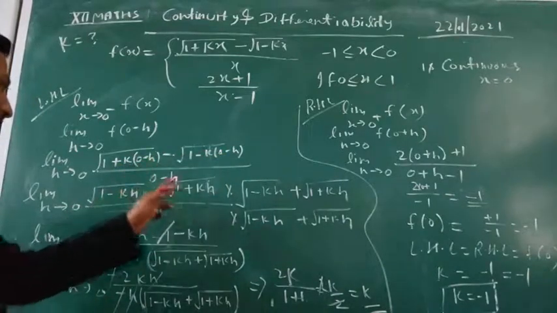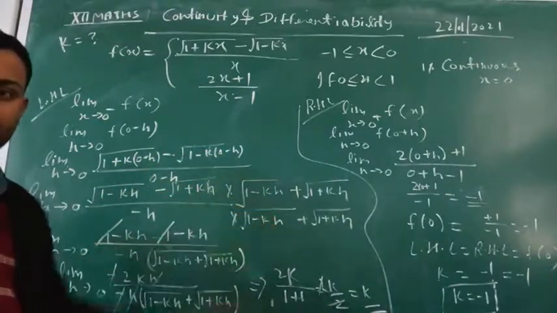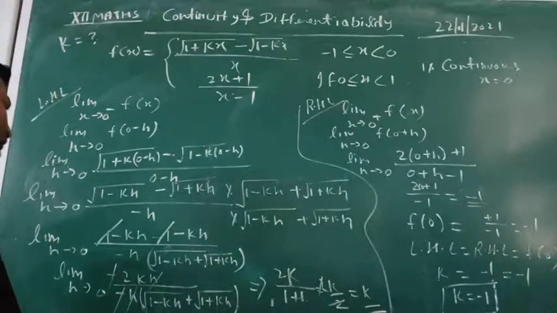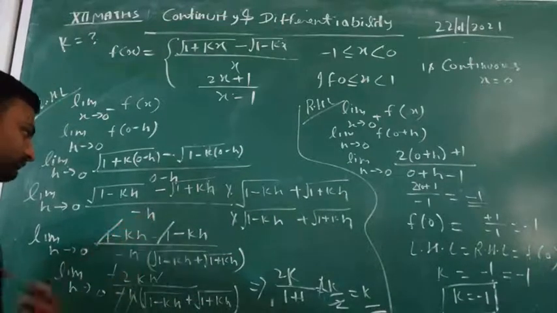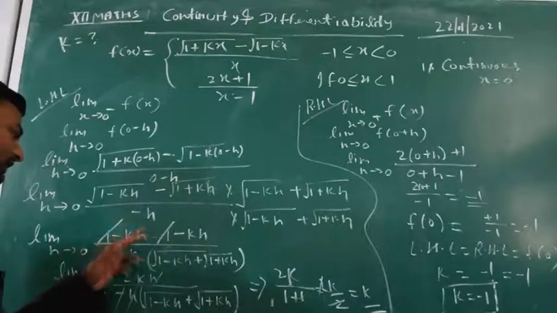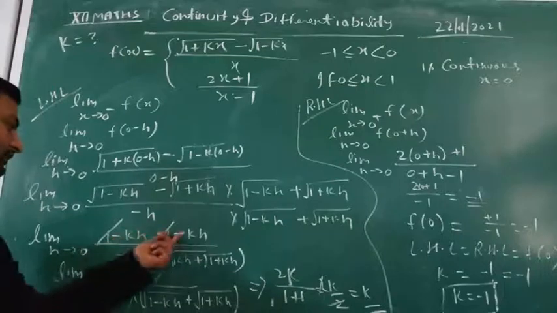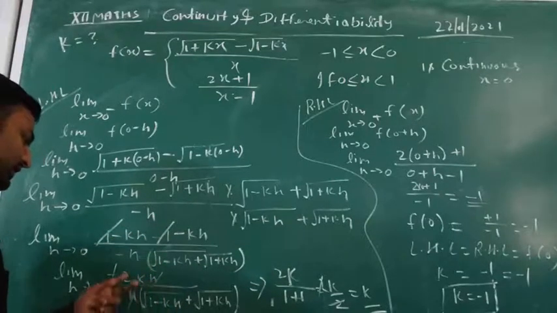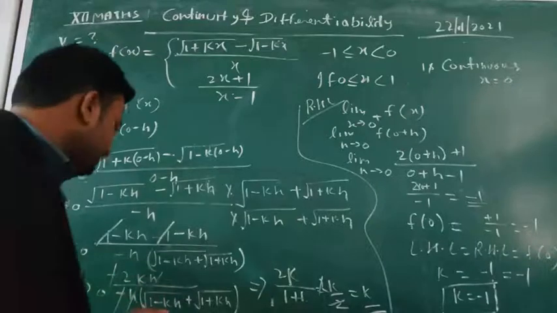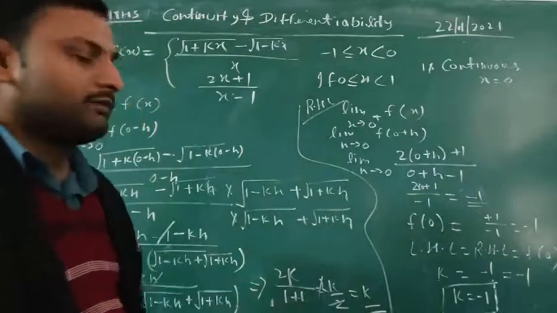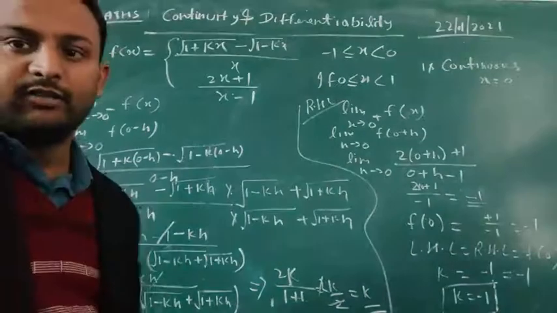Now after solving this, we are rationalizing it because our numerator is in the root. When we rationalize, this part is cancelled and the remaining term is minus 2kh by minus h, so this cancelled. After putting limit h is 0, we are getting 2k by 2 and it will be equal to k. Okay students.